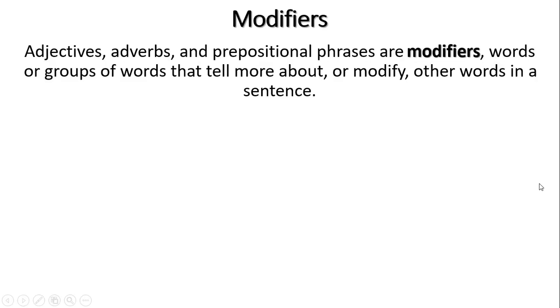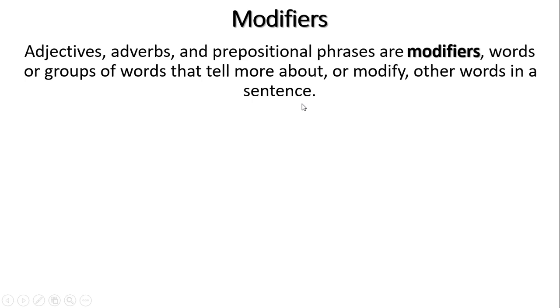So when we take a look at modifiers, let's define what modifiers are. Adjectives, adverbs, and prepositional phrases. These are all examples of modifiers. And what exactly is a modifier? It's a word or maybe groups of words that tell more about something, or maybe they modify other words in the sentence.